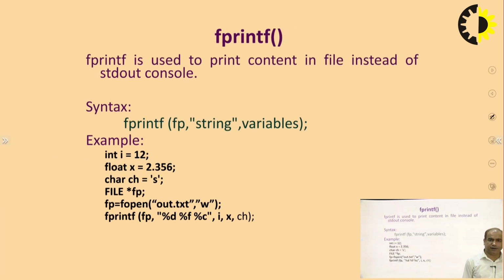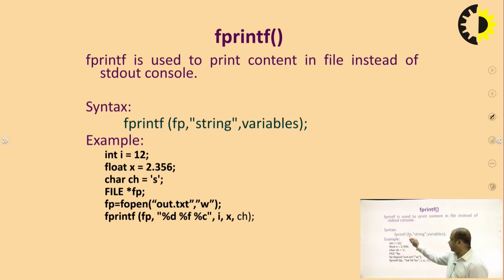Next is fprintf. As we define our print function for whatever we have done on the console, the same we can do with fprintf. Fprintf is used to print content in the file instead of the standard output console. So the fprintf function has 3 arguments.